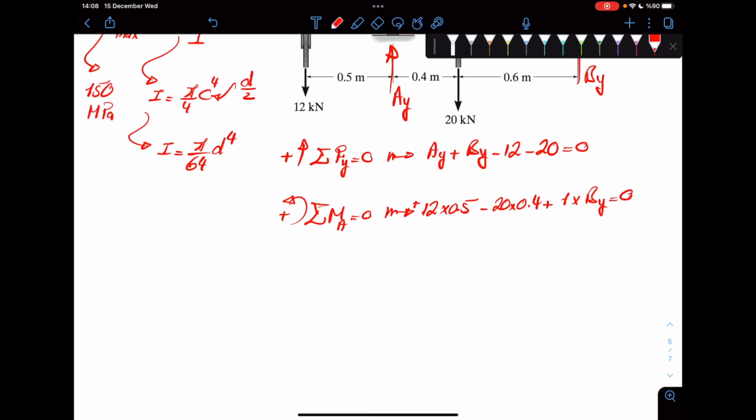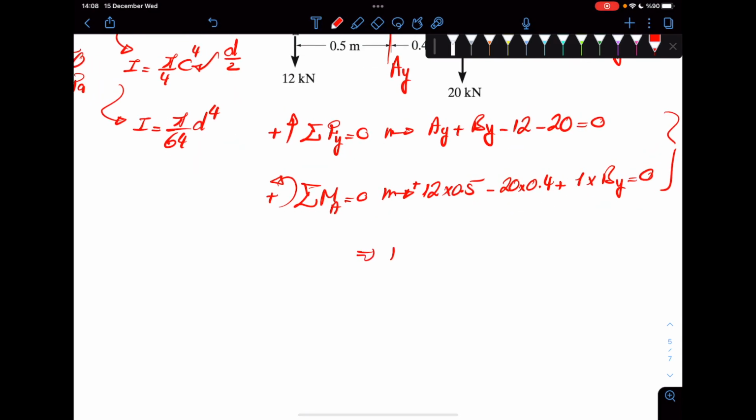From these two equations, you can calculate your two unknowns. AY will be 30 kilonewton, and BY would be only 2 kilonewton.